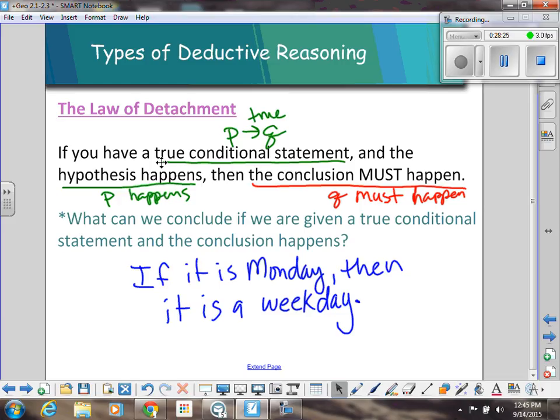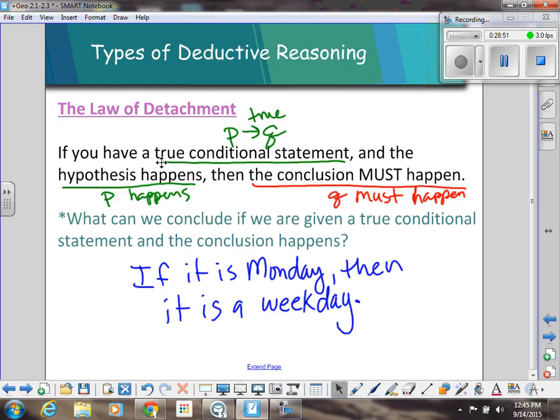Okay, so we can't make a good conclusion, can we? All right, so it might be Monday, that might be true, but it may not be. All right, so in deductive reasoning, we don't want to assume anything, right? So that would not be a valid conclusion in deductive reasoning. Okay, so we would say no. If we know the conclusion is happening, that does not necessarily mean the hypothesis is happening.